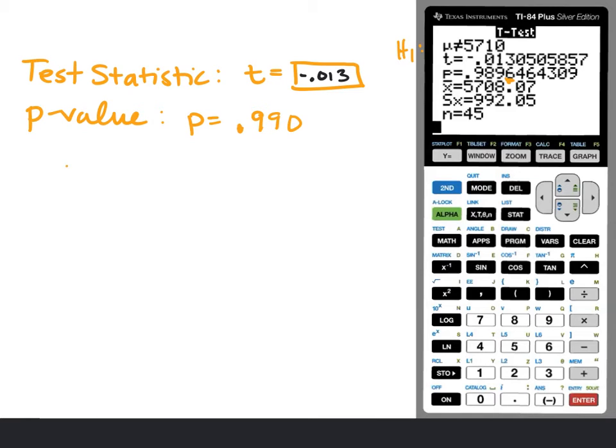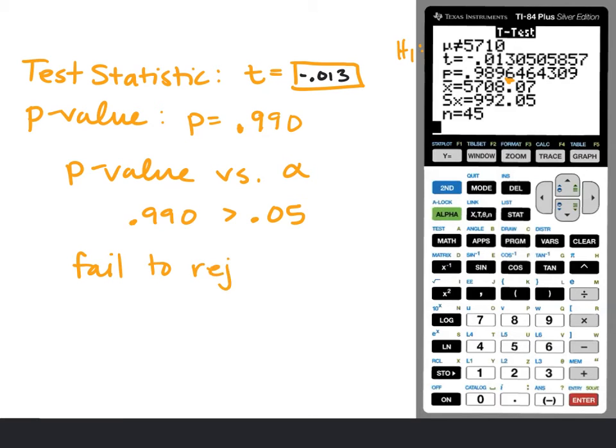But we can compare our p-value versus alpha. Well, 0.990 is definitely greater than any value for alpha that you will ever use. So we can definitely say that we fail to reject. Remember, we can only reject the null hypothesis if we have an unusual sample, a sample that makes us doubt our information.